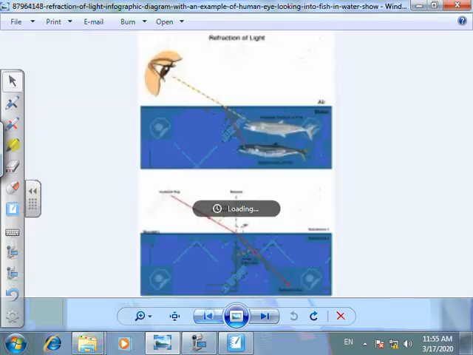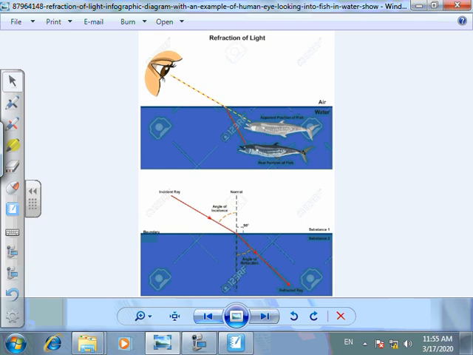Here we can see that there is someone looking at a fish, but he can't be accurate to know its position. You can look at the ray with the red color. The red color is the real place, the real position of the fish. But that one with yellow color is what your eye sees, because your eye sees the extension of the light ray.